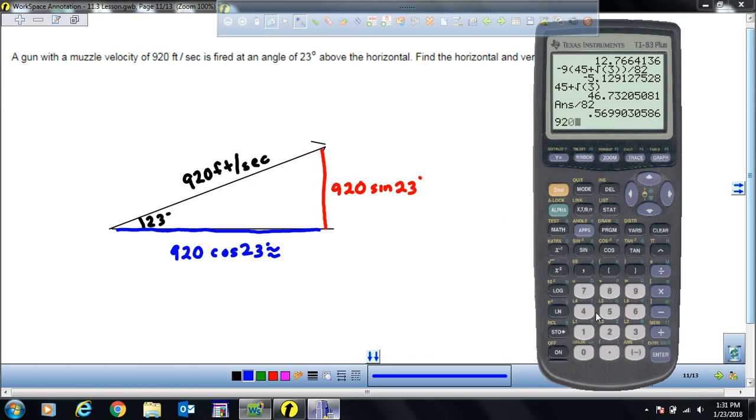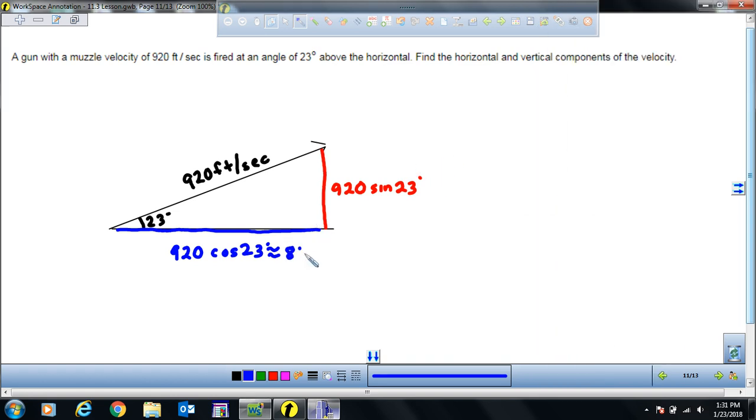So 920 cosine of 23 degrees is 846.9, which, if we round to the nearest whole number, will be 847. I don't know what should be best. Let's round to 1 decimal. So 846.9 feet per second, right?